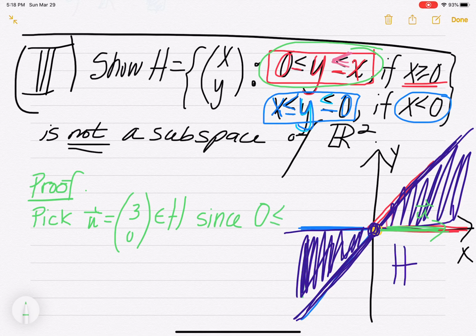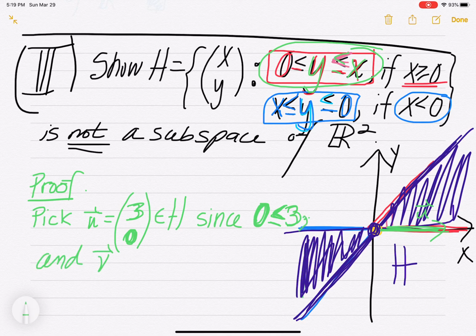So your relationship is that y should be less than or equal to x. And that's what I have. My y is 0, which is less than or equal to my x, which is 3. And so we got u to be 3, 0.